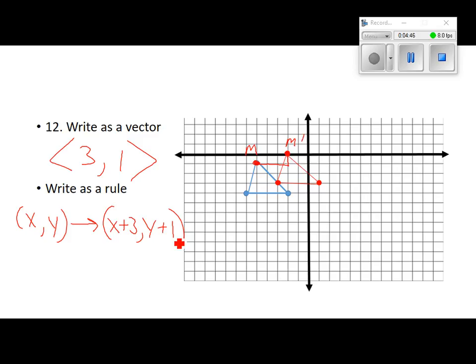They both mean exactly the same thing. Nothing different about it. Just 2 different ways to write it. When you were back in 5th grade, you wouldn't have written it either one of these 2 ways. Your teacher probably would have written it something like this: right 3, and up 1. All three of those mean exactly the same thing. Younger kids, you guys, because they expect that you can understand a little more now.